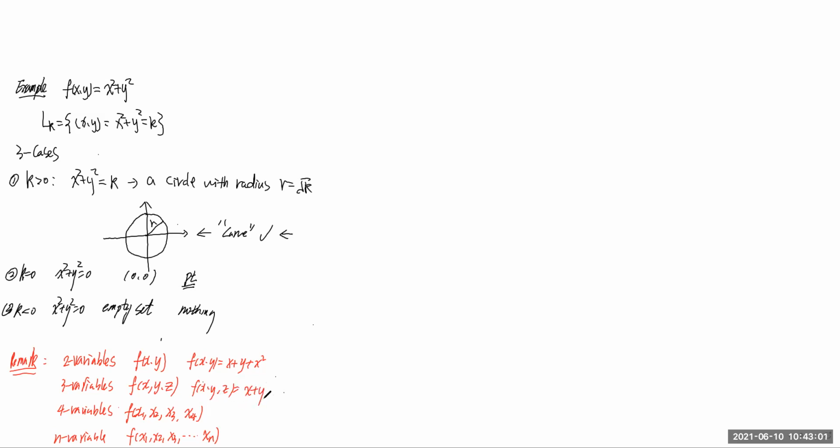Even if you write 3 variables, there can be only 2 variables in the formula, or even if there is no y, it's okay. f(x1, x2, x3, x4) can be x1 plus any number, like this. Anyway, go further and further.